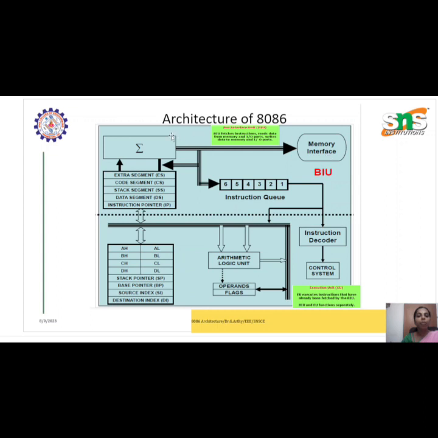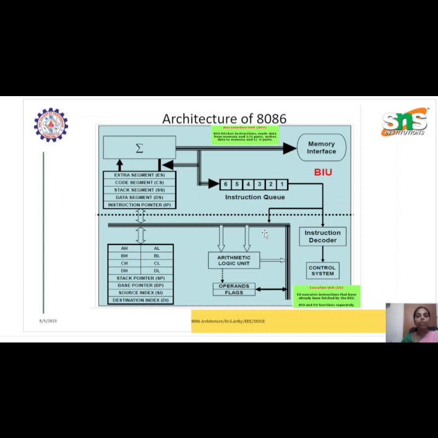The upper half here is known as the bus interface unit and the lower half is known as the execution unit. The bus interface unit consists of the segment registers, instruction queue, memory interface and a small memory to hold the instructions.